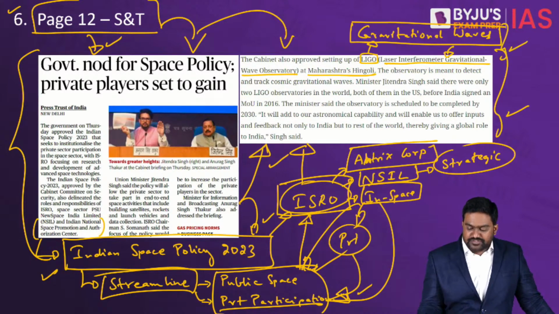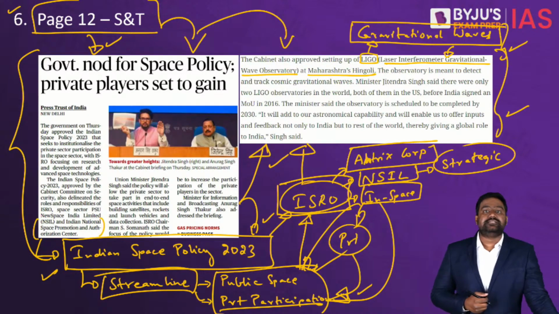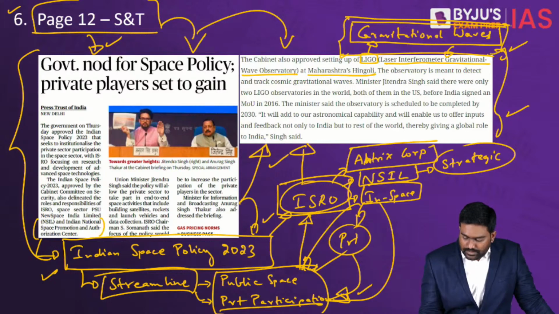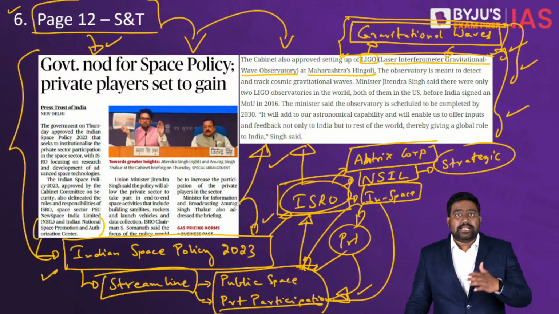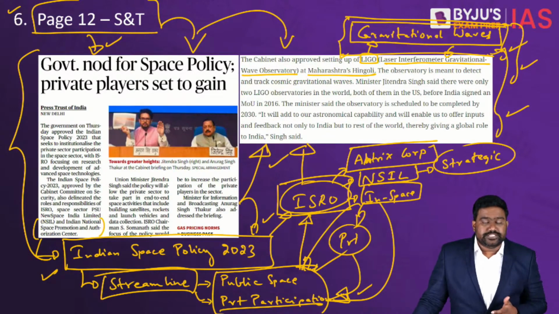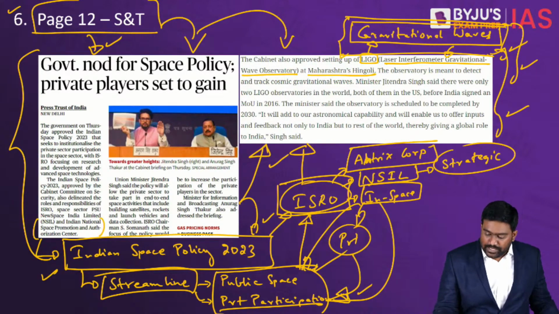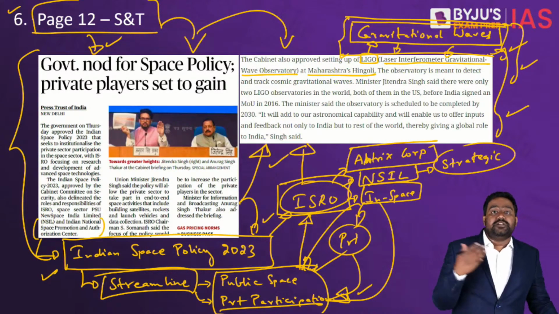Right? Gravitational waves were predicted by Albert Einstein, and they help in understanding the universe. They help in understanding the very evolution of the universe. Gravitational waves are critical in space research and particle physics as well, and LIGO observatories are set up for this.